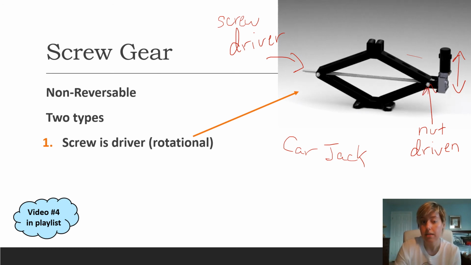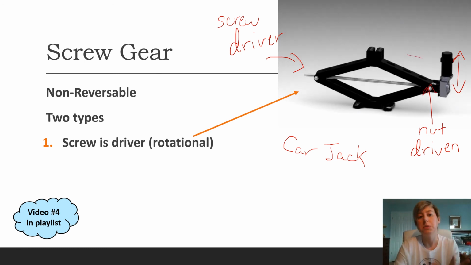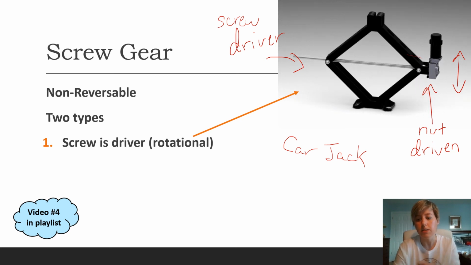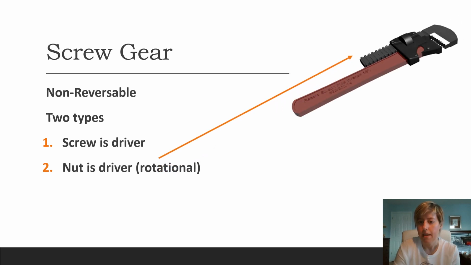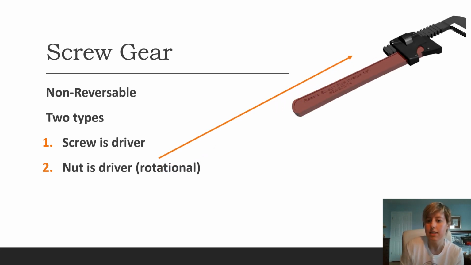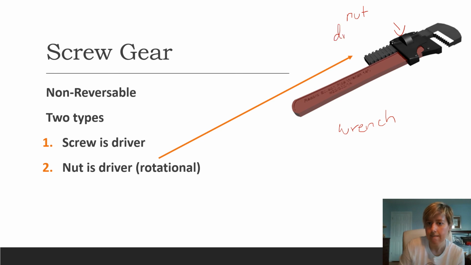As I was saying, there are actually two types of screw gear systems. This is the first. The second type of screw gear system is where the nut is the driver, and the key example where we see this is in a monkey wrench. So in this case, the nut is the driver and it rotates.